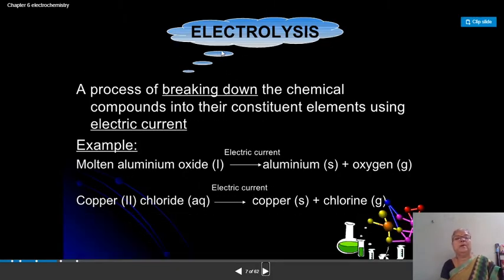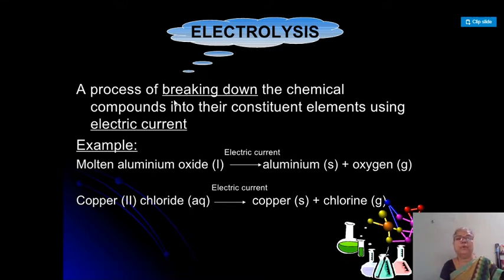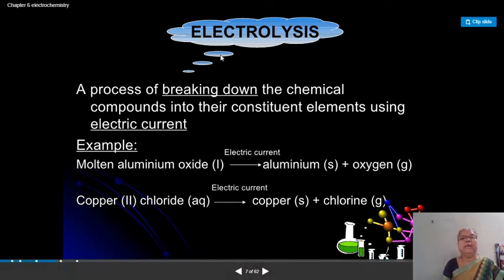Then the process of electrolysis. That means when we have an apparatus consisting of an anode, a cathode, and an electrolytic solution, and these two electrodes are connected through a battery, and when the circuit is completed, there is a migration of ions, and this migration of ions is called electrolysis.